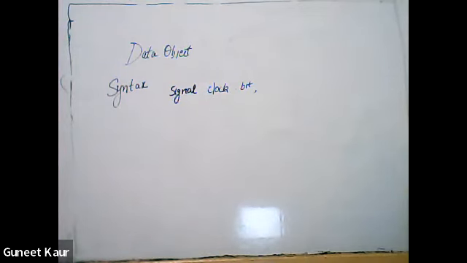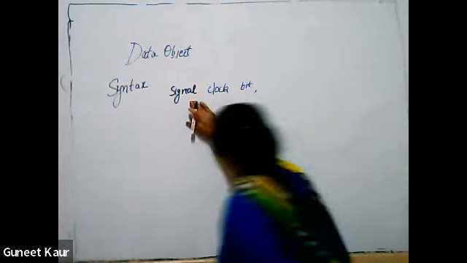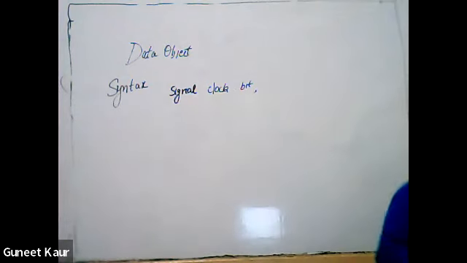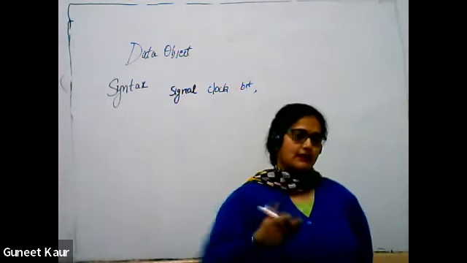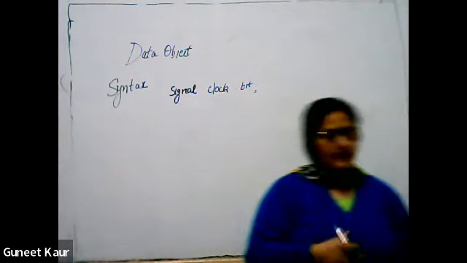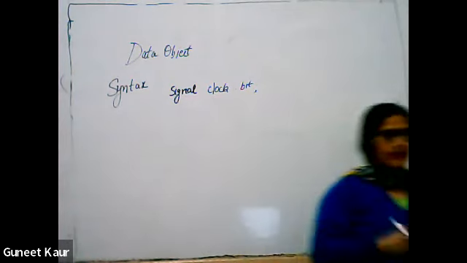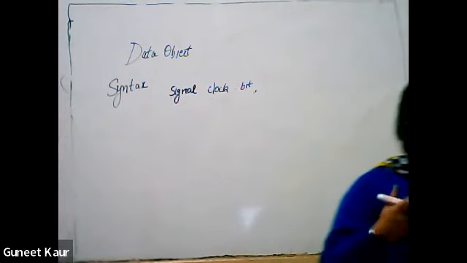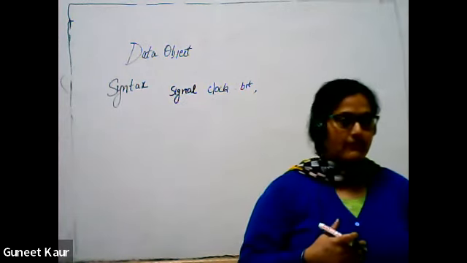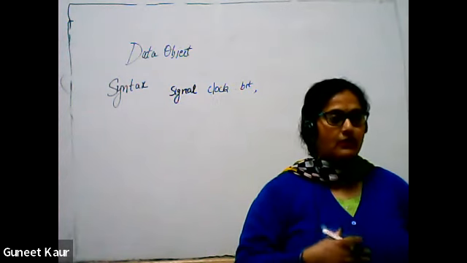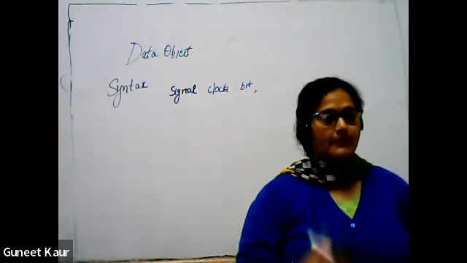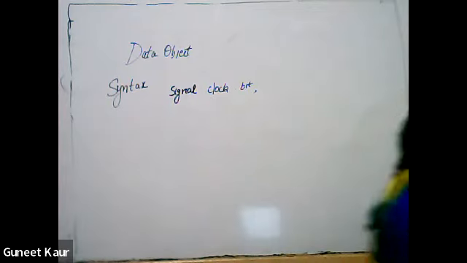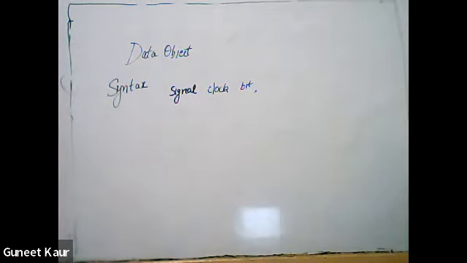The class of the object is signal, which is in bold. Every reserved keyword should be in bold letters. So signal is the class of the object, clock is the name of that particular object, and the data stored by that clock data object is of bit type. So this is the introduction about the data object.